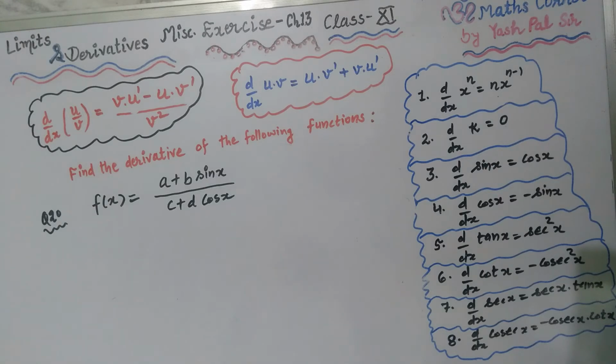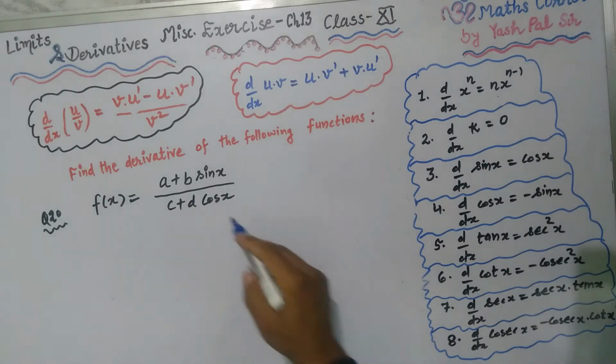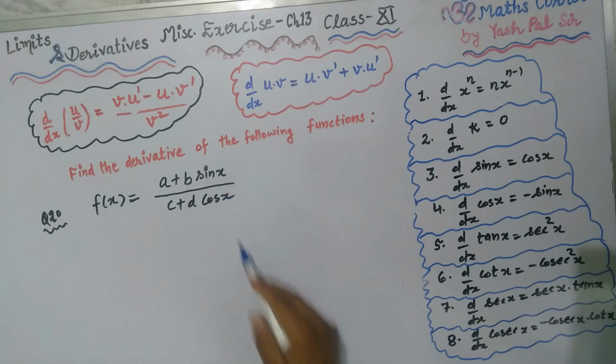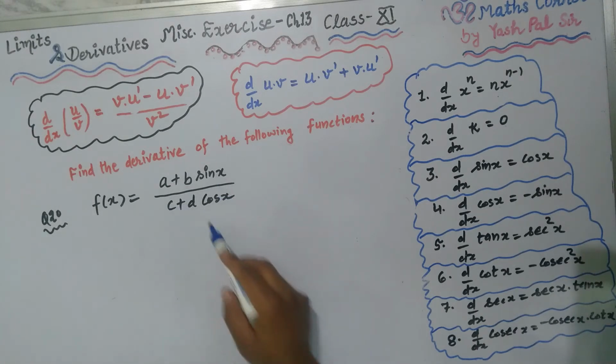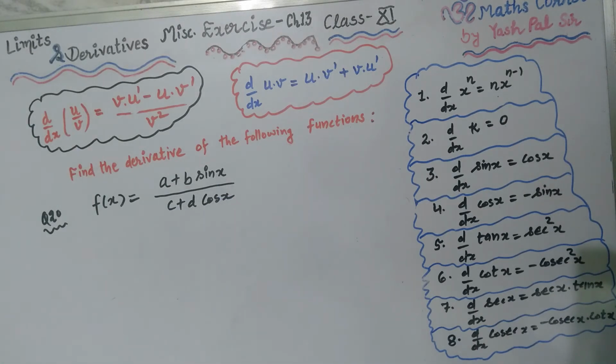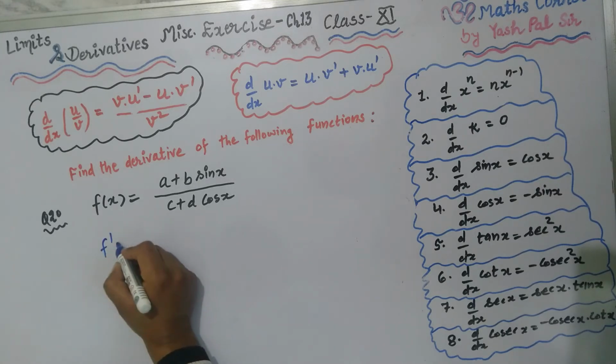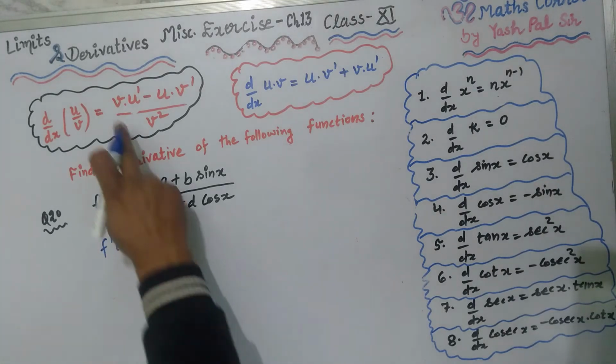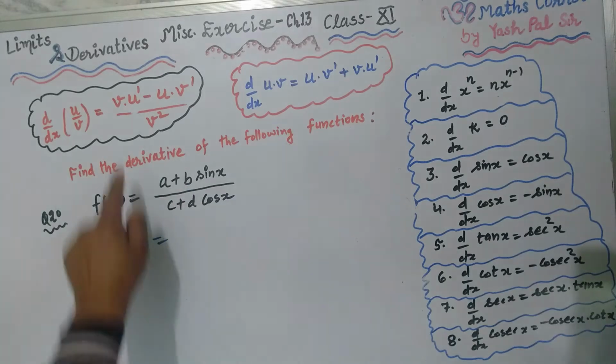Now question number 20. f of x is equal to a plus b sin x whole divided by c plus d cos x. Here once again what we see? Quotient rule, u upon v rule. So f dash x is equal to v into u dash. What is v?